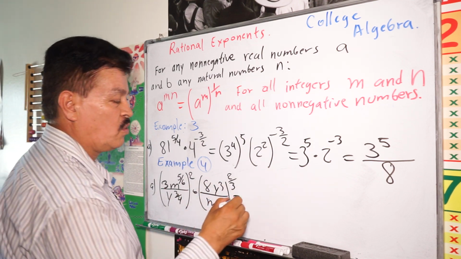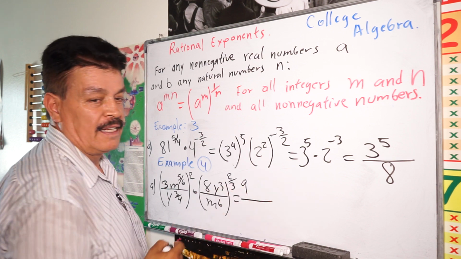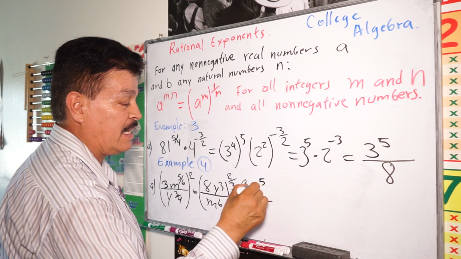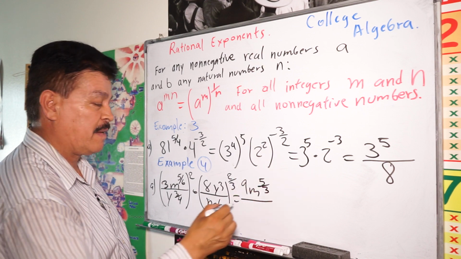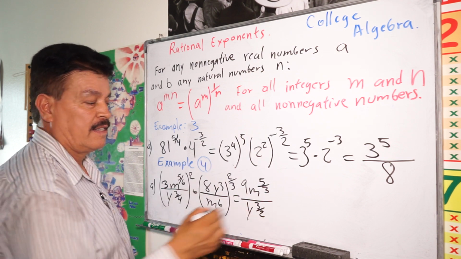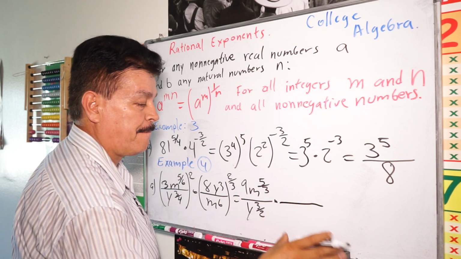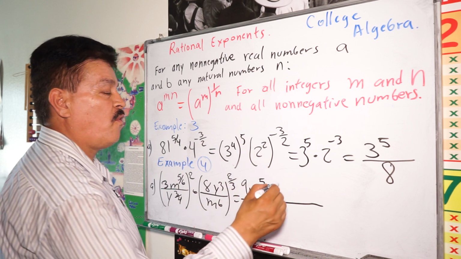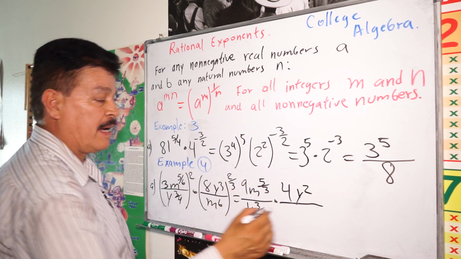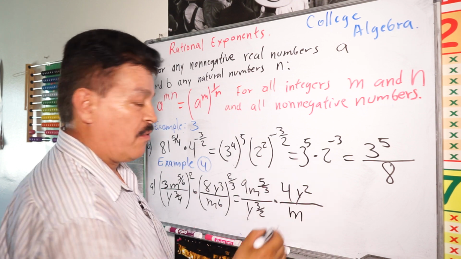So this is going to equal 9m to the 5/3 divided by y to the 3/2, times 4y to the second power divided by m to the fourth power.